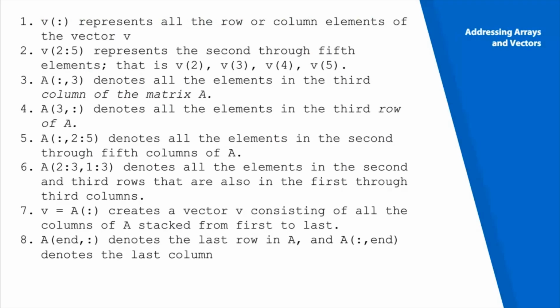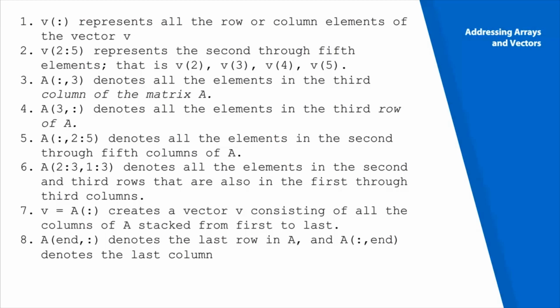Indexing a two-dimensional array. With a combination of colon operators and integer indices, we access elements inside the array. This access allows us to correct the entries in an array without retyping the entire array. Here are some points to remember for array addressing. Number 1. Recall that a vector is an array with only one row or one column.